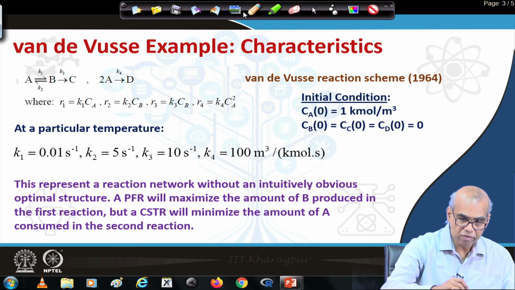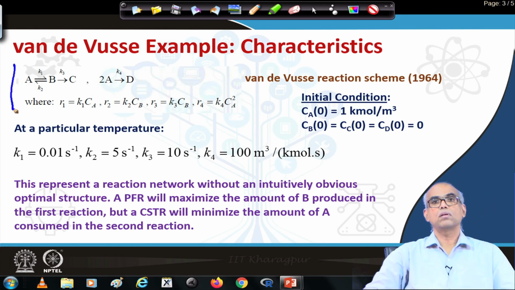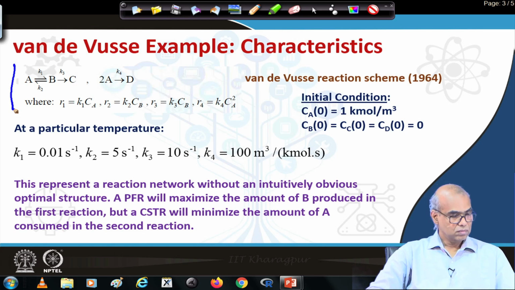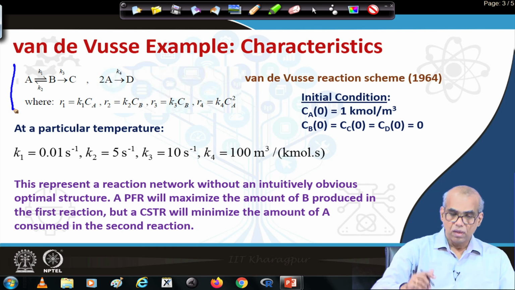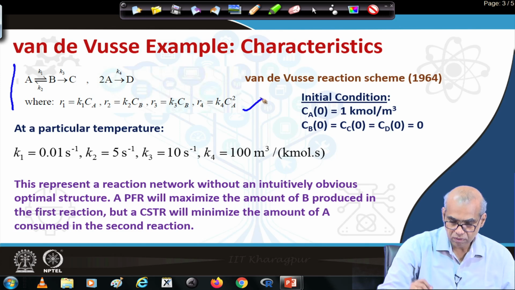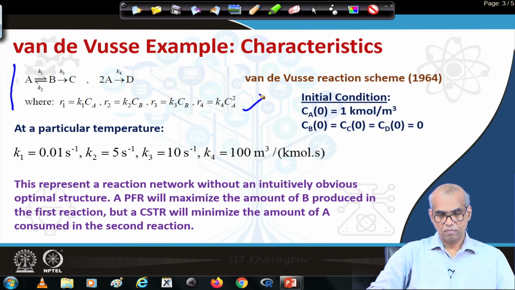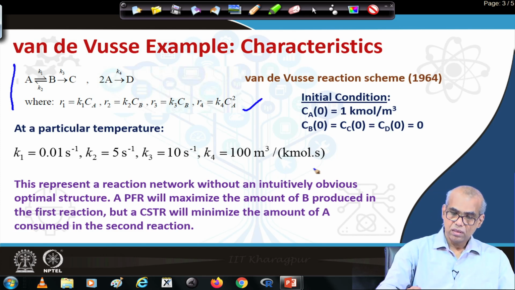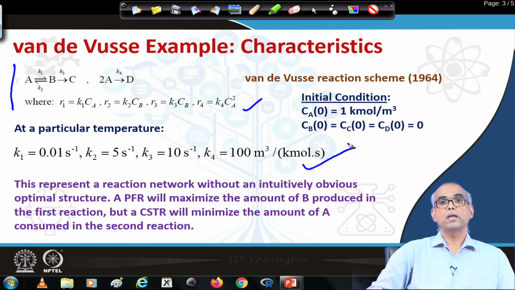So, the reaction scheme is given. It is basically a parallel decomposition. Note that A to B reaction is reversible. The rate expressions are given, and also at a particular temperature the values of rate constants K1, K2, K3, K4 are given.